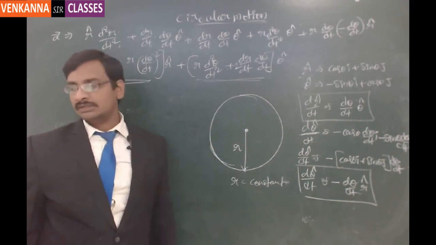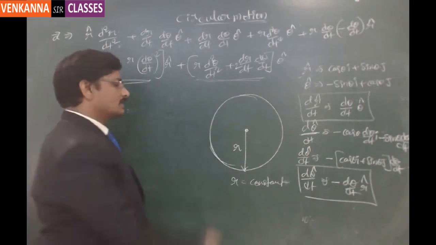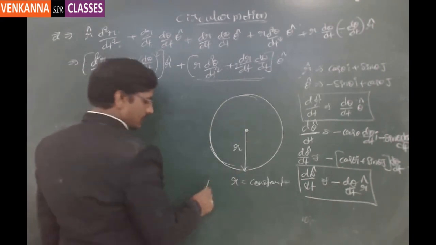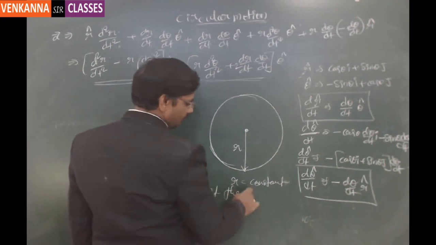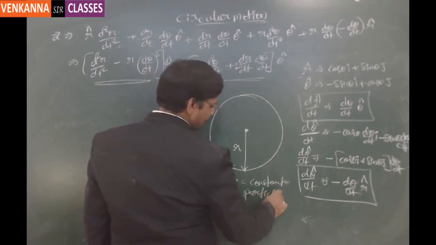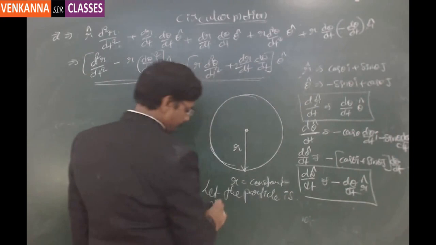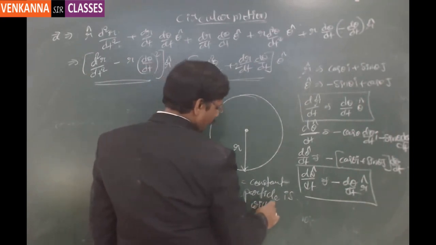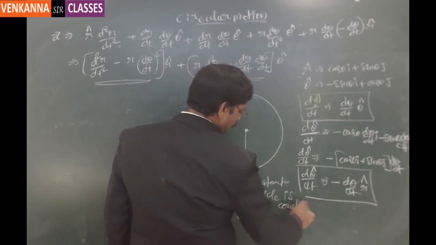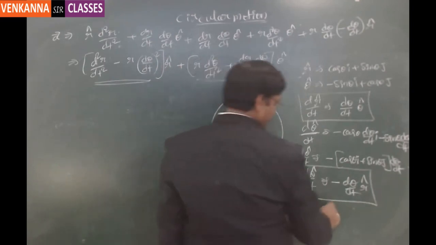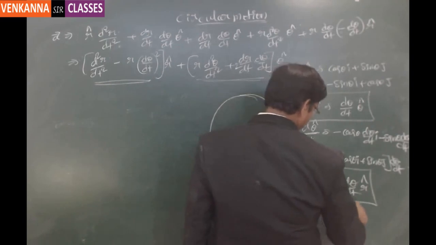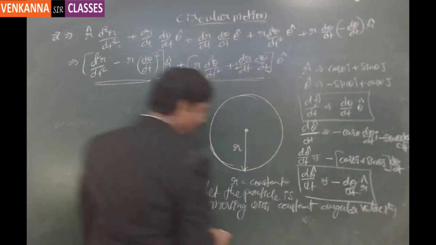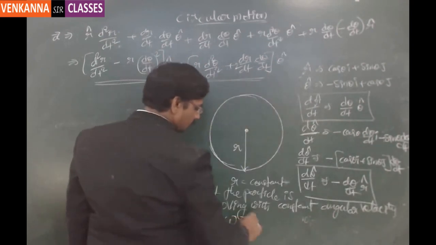Now let us take one more assumption. Let us say the particle is moving with constant angular velocity. Then you can write omega equal to constant.